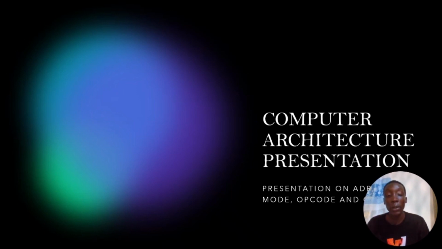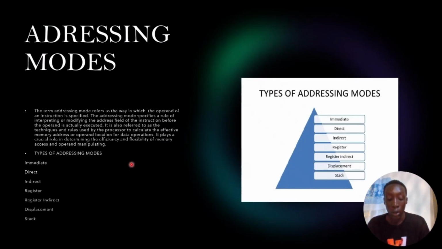So now when you say addressing mode, what comes to mind? The term addressing mode refers to the way in which the operand of an instruction is specified. The addressing mode specifies a rule for interpreting or modifying the address field of the instruction before the operand is actually executed.